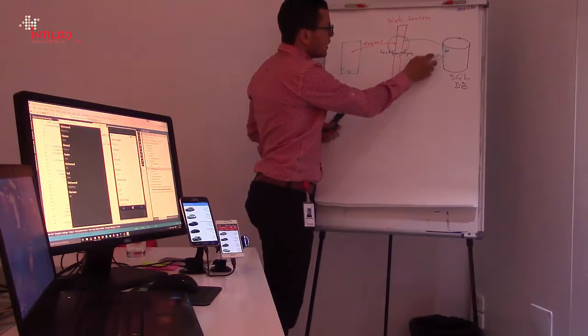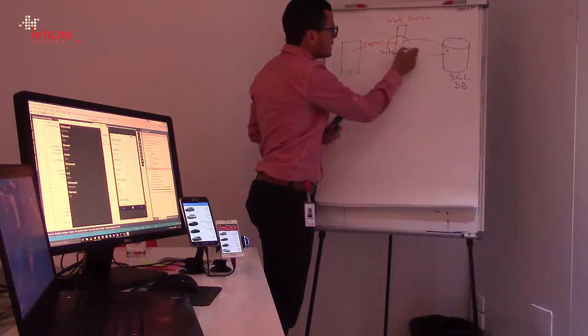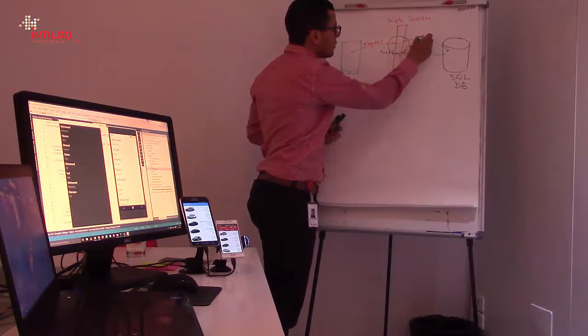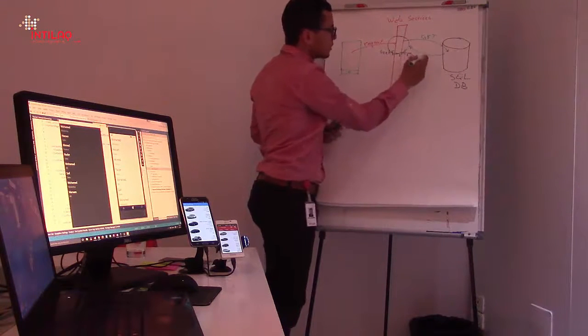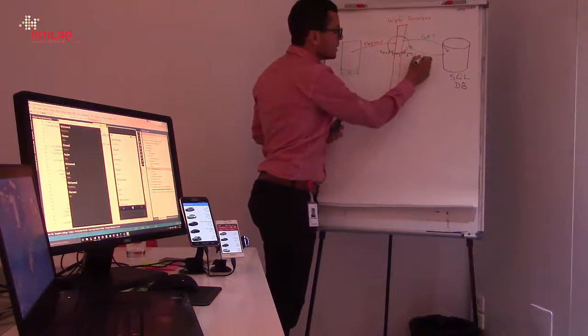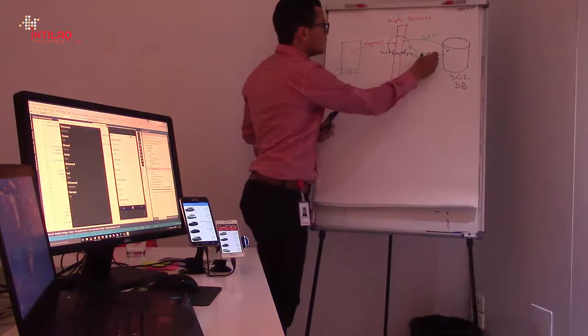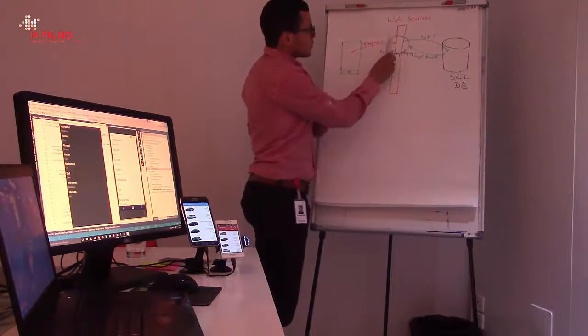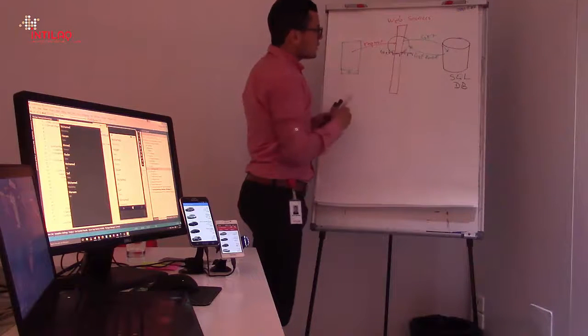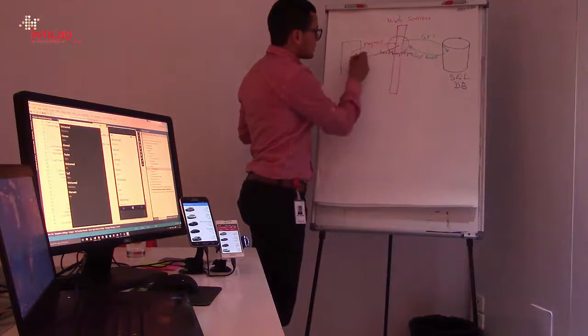So then the query goes to the database, and that list of the employees will be returned by the database. List of employees. So the web services get that list of the employees and return it back to the mobile application.